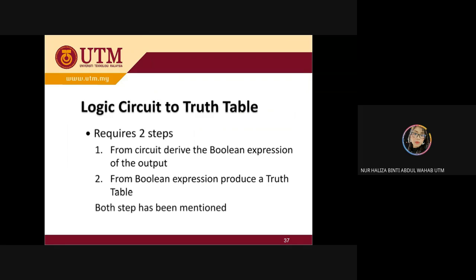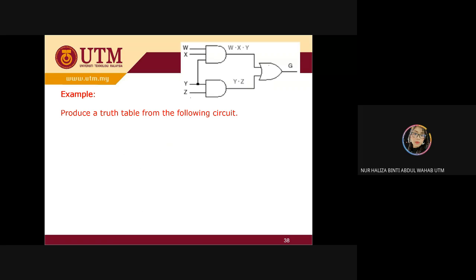Now, from your logic circuit, by setting, you will come out with your truth table. It is a simple two-step process. Very simple, you can read it. This is from your Boolean expression.